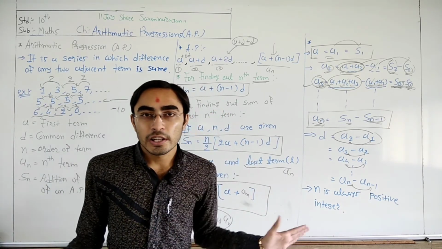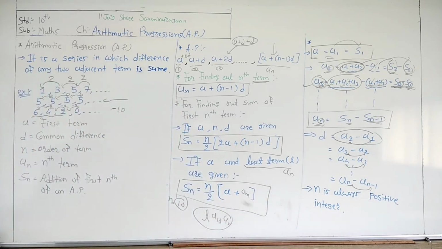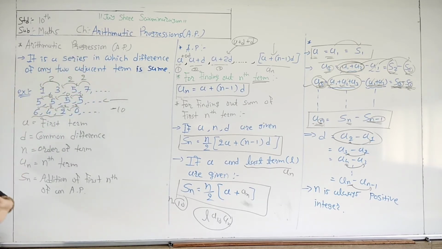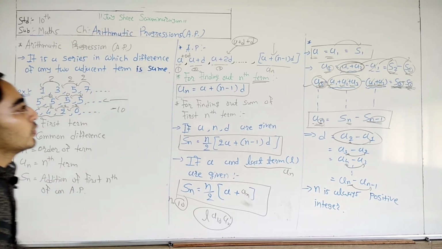So now quickly repeat all these things. First of all, the definition of AP: the difference D of any two adjacent terms is the same. A is the first term, D the common difference, An the nth term, and Sn the addition of the first n terms.